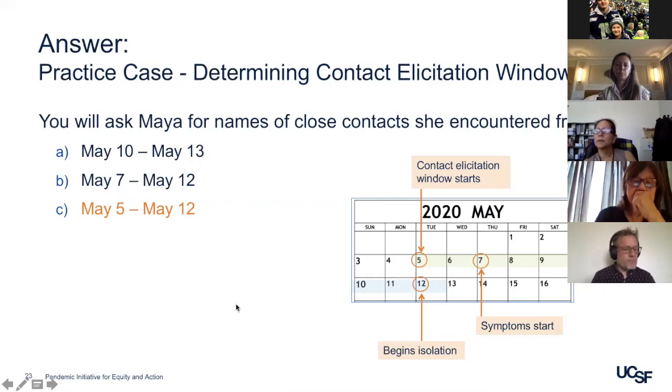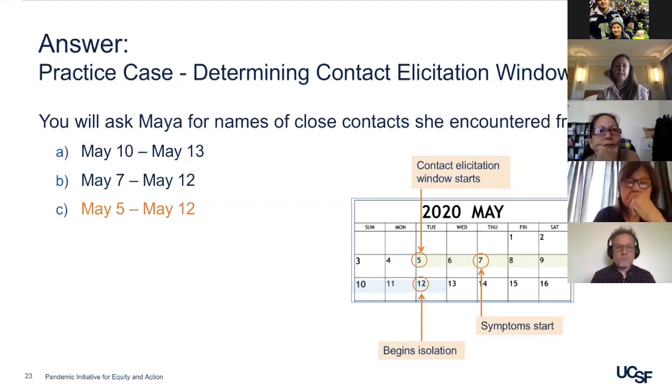Just checking the chat here. Great, Jim had it right, but it's not 10 days starting on the 5th or the 15th. Jim, I think you're getting ahead to the isolation period where we talk about 10 days. So I'm just about to get into that. Contact elicitation window is not a set amount of time.